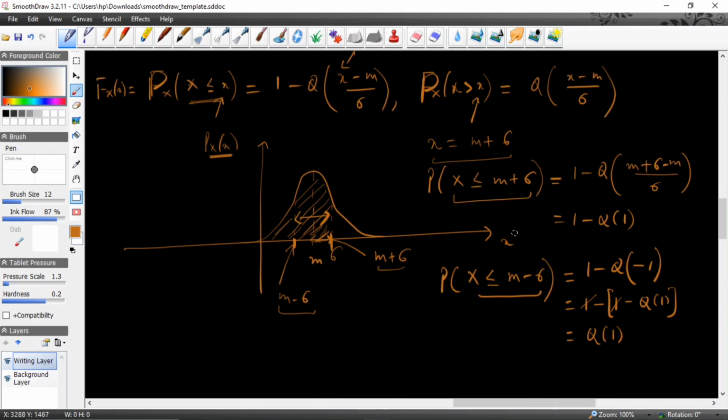Now this will indicate the area that you will get for x having a value less than m minus sigma, which is this point.